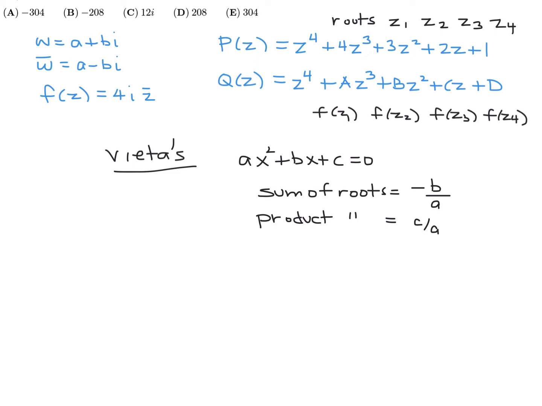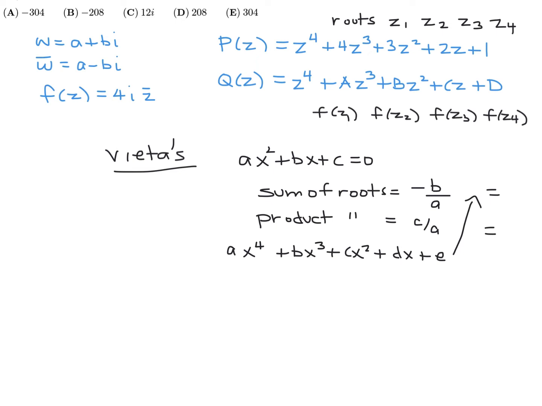Got it? Now, this Vieta's also works for higher degree polynomials. So this was just a polynomial that's squared. What if you had a polynomial to the 4th power, like this one, ax to the power of 4, bx cubed plus cx squared plus dx plus e? Same thing. This time, the product and sum can be calculated as follows.